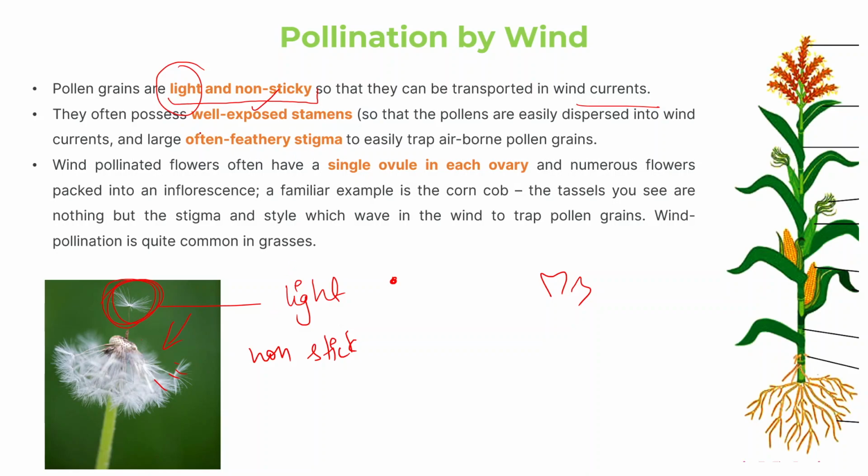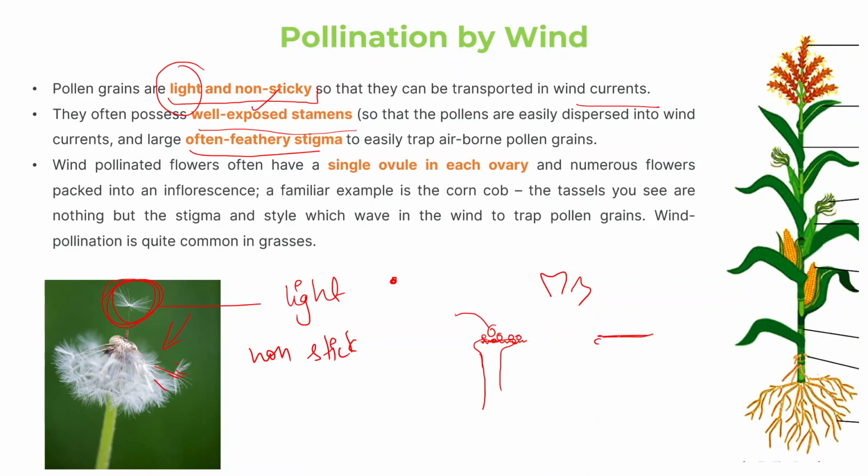They often possess well exposed stamens. So you could see that these are well exposed stamens, so that the pollens are easily dispersed into wind currents, and large, often feathery stigma. The flowers which are pollinated by wind have very feathery stigma, so that the airborne pollen grains could be easily trapped here, right?